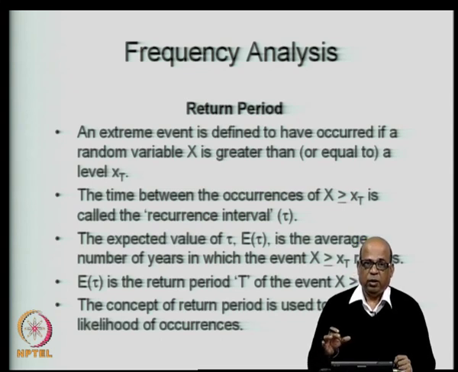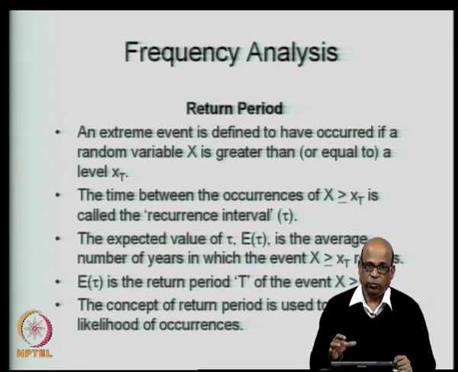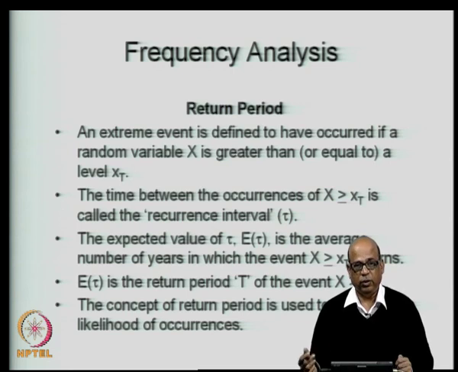Or, let us say that a 5-year return period event has occurred this year. It does not mean that the same 5-year return period event will not occur in the next year. In fact, every year has the same probability of this 5-year return period event occurring, which we will show to be 1 by 5 in the subsequent slides.